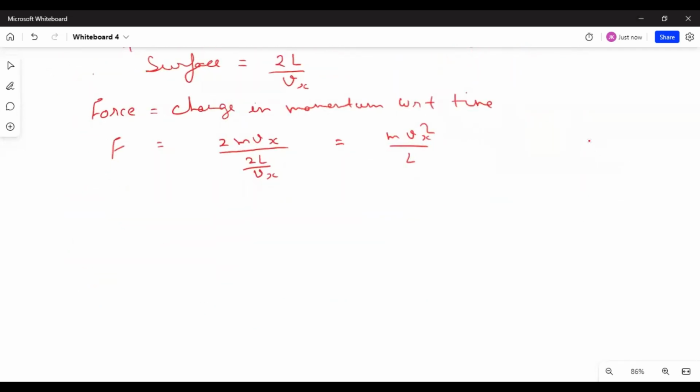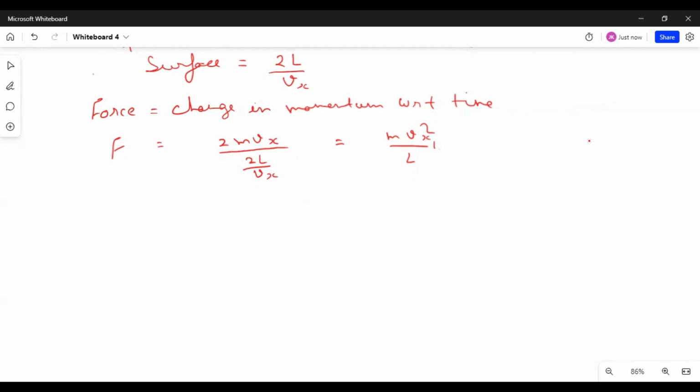Now this is the force that an electron will exert at the surface, and this force is for one particle. Similarly there will be multiple particles.